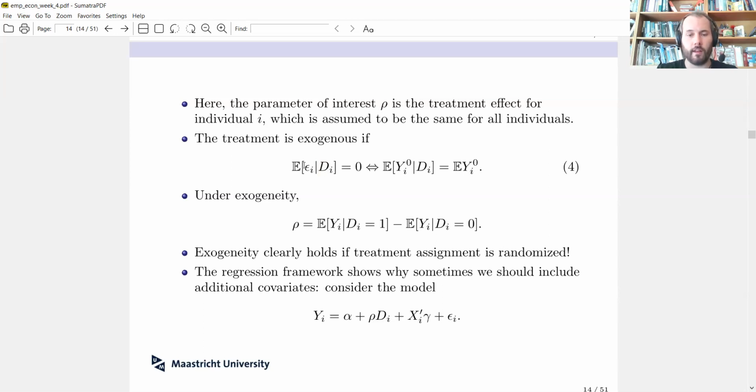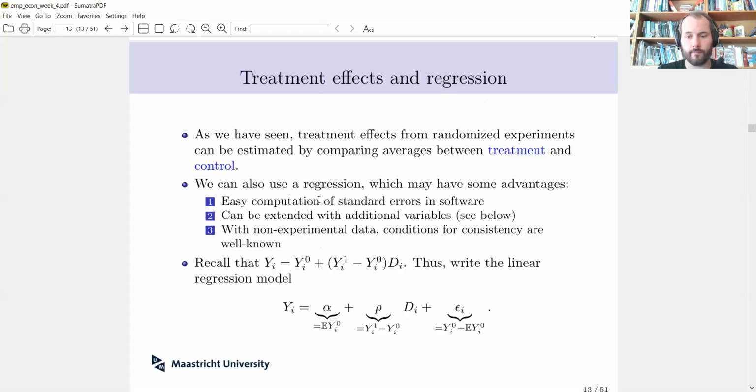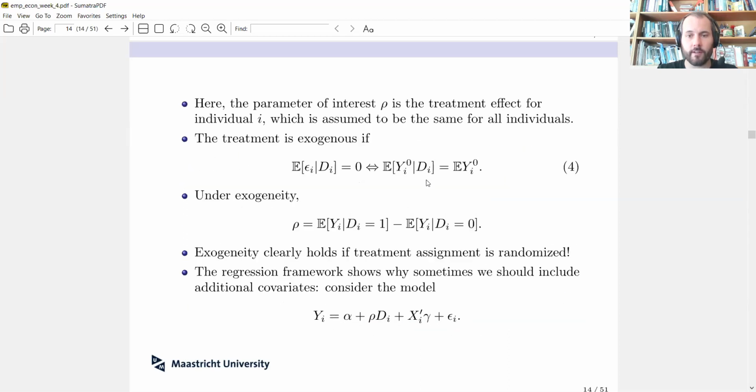Now recall what epsilon was. Epsilon is this. Now there's no randomness anymore in this thing, so the expectation only applies to this. And we see that exogeneity holds if this thing here holds, that is, the conditional expectation is the same as the unconditional expectation.